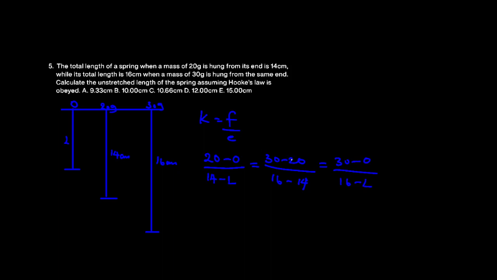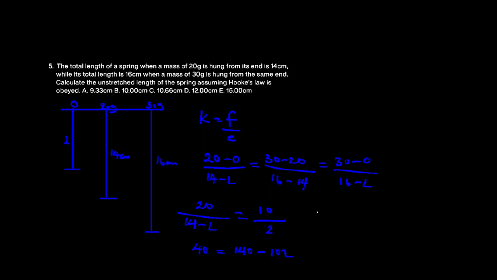So I can decide to say 30 minus 20 divided by 16 minus 14 equals 30 minus 0 divided by 16 minus L. So anyone. I would like to use the first two. So I will have 20 all over 14 minus L equal to 10 all over 16 minus 14. 16 minus 14 should give us 2, right? Okay. So if I cross multiply, I will have that 40 is equal to 140 minus 10L.